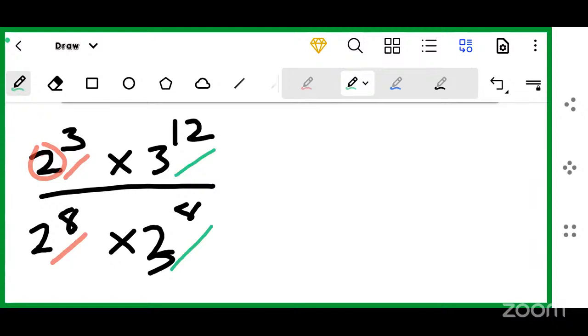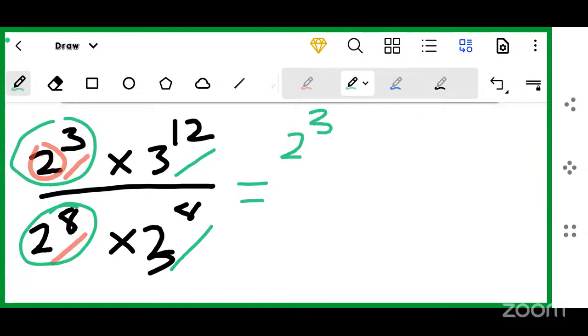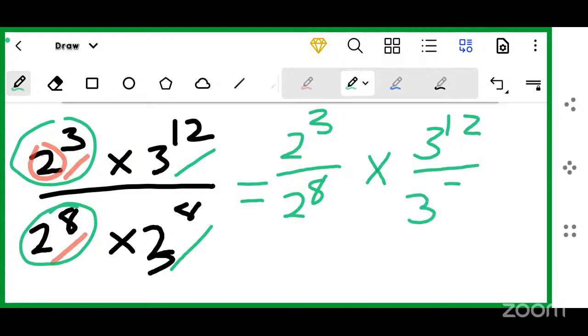Perfect. So what you're going to do now is treat these as like terms. We can treat them as 2 to the power of 3 over 2 to the power of 8, multiplied by 3 to the power of 12 over 3 to the power of 8.